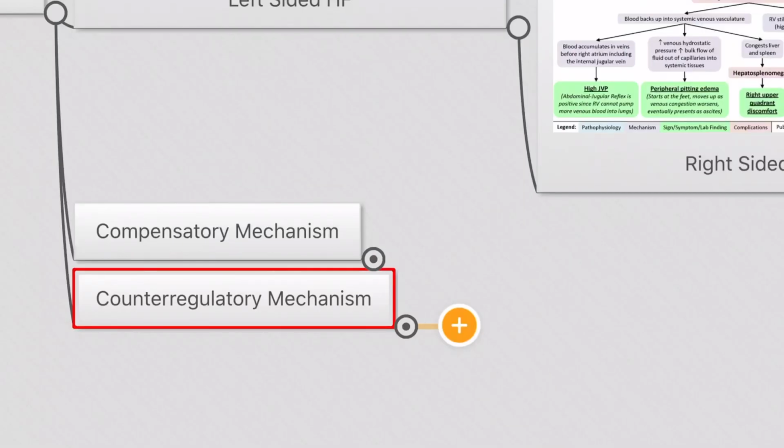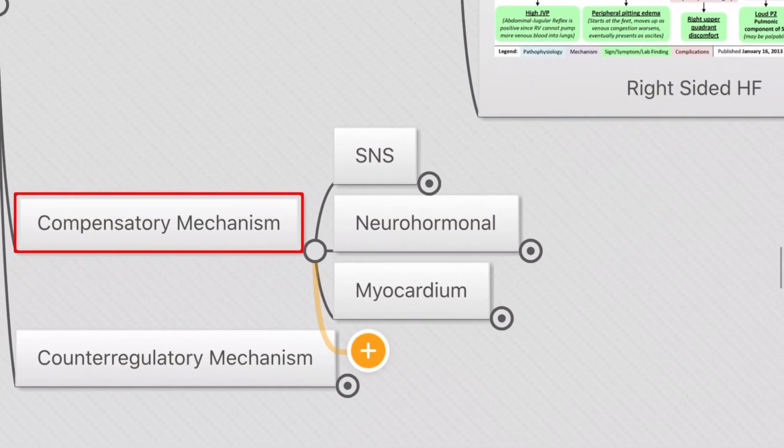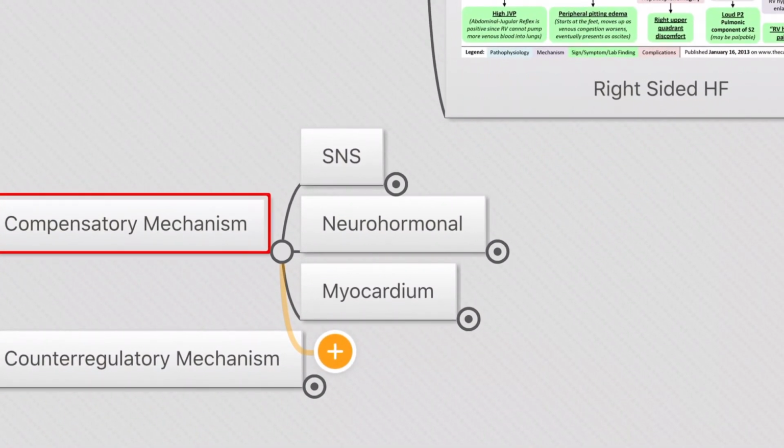Now we're going to take a look at the two mechanisms that are important for the heart failure disease process. First is the compensatory mechanism, and the other one is the counter-regulatory mechanism. The compensatory mechanism consists of the sympathetic nervous system, the neurohormonal system, and the myocardium itself.